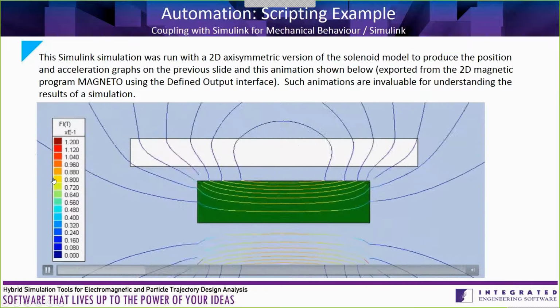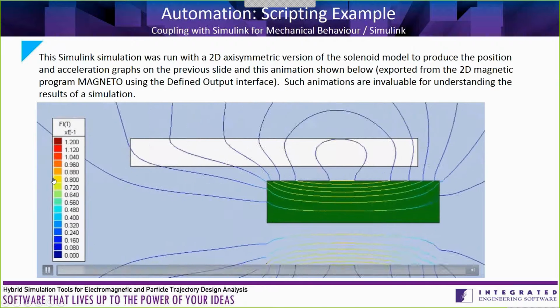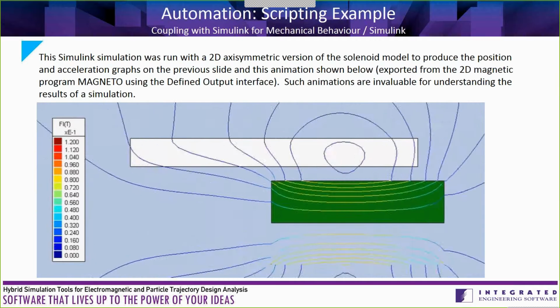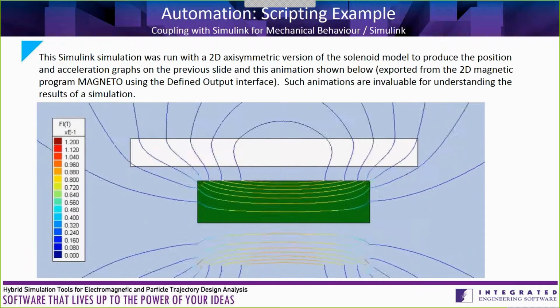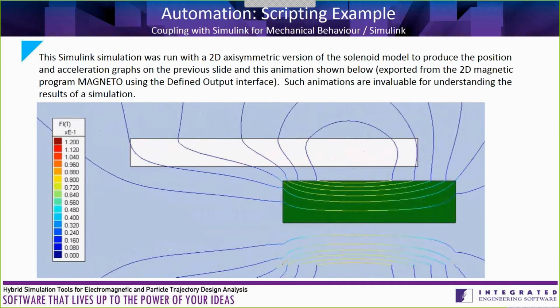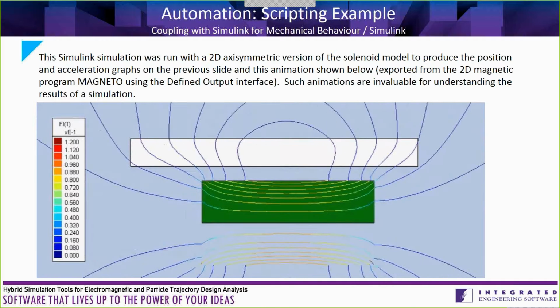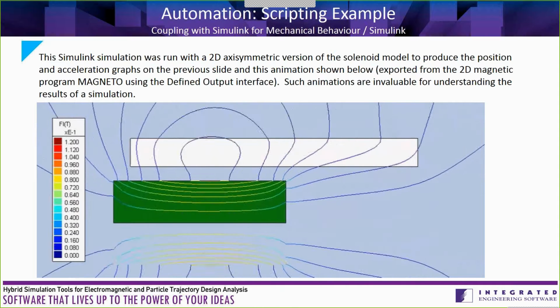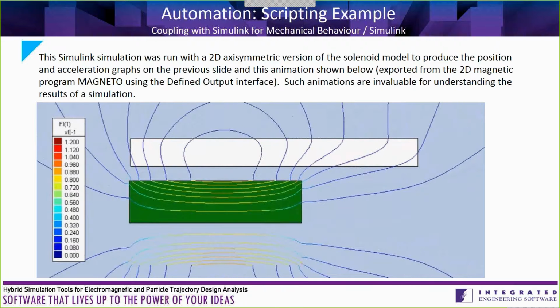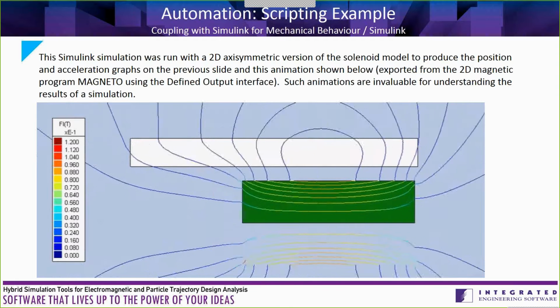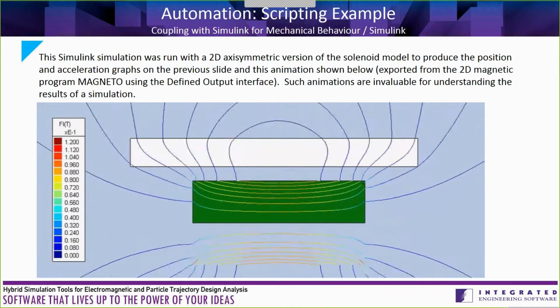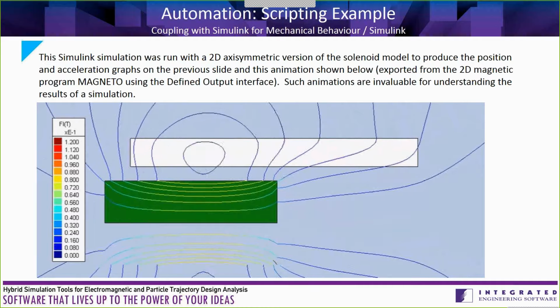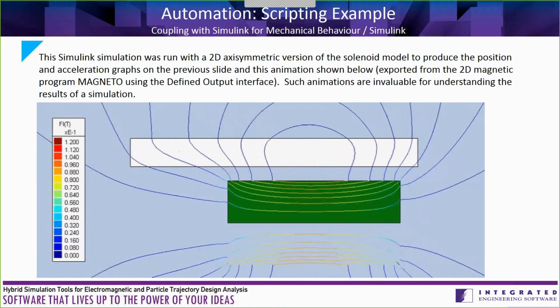And here is the result, again playing off of the defined outputs. Before I ran this with Simulink, I defined that I want to get a magnetic field line plot. And that means that every time Magneto solved, it updated the field line plot. So for constant time steps, which is the way that I configured Simulink to run, I have the position of the rod being updated and the flux lines updated with it.